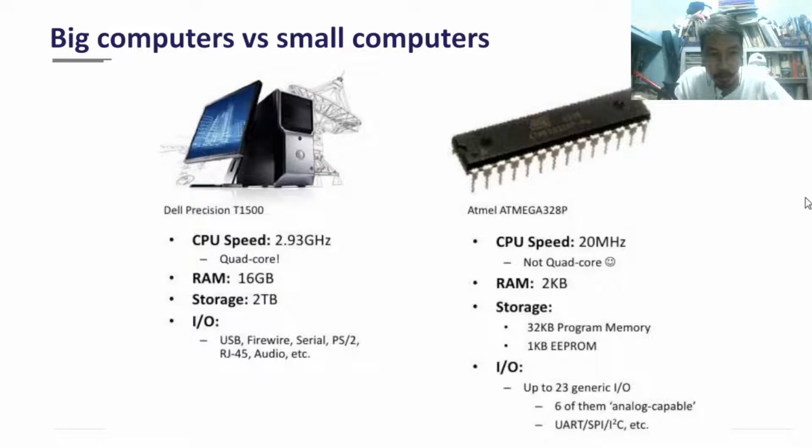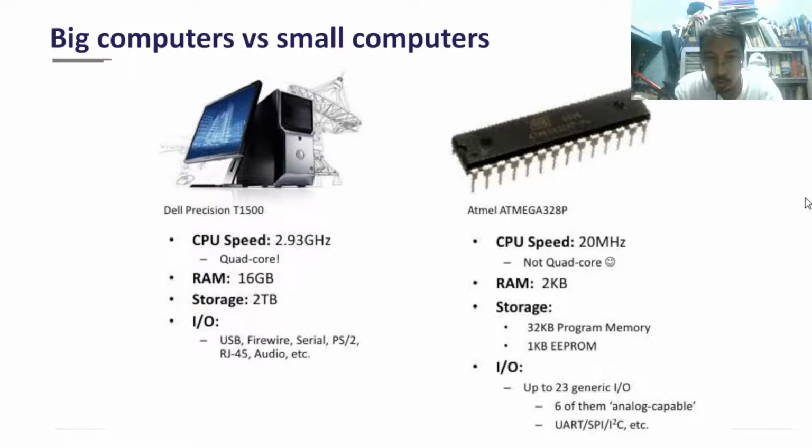So CPU speed for a desktop currently is about 2 to 3 gigahertz, quad core, meaning there are 4 microprocessors inside the processing unit IC of the laptop or desktop.